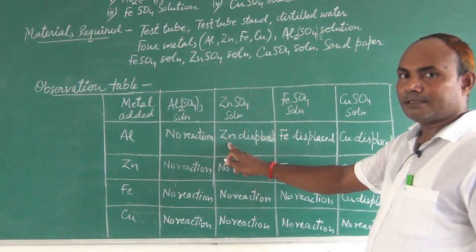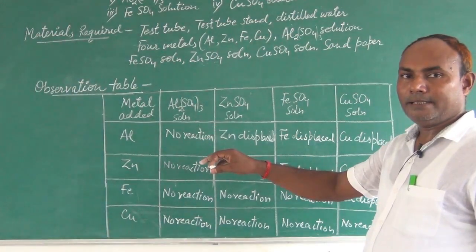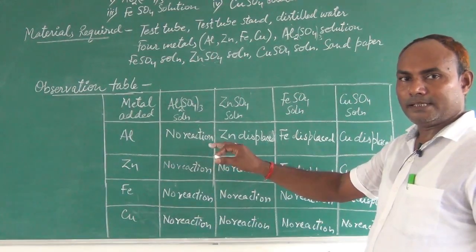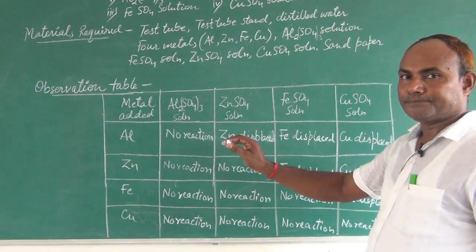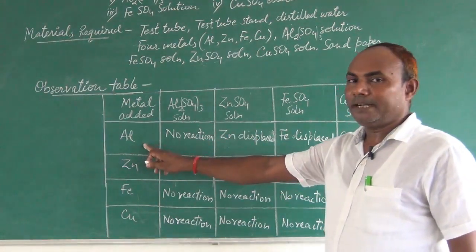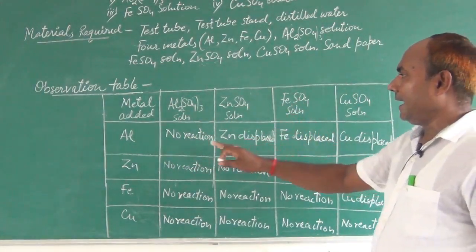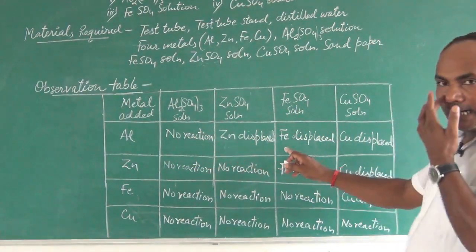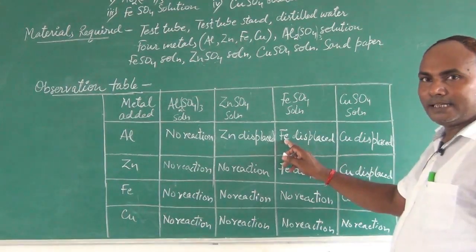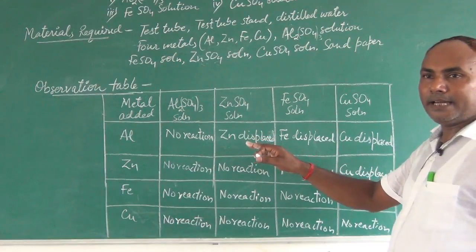It means aluminum metal is more reactive than zinc metal. Is it clear? Okay. With iron sulfate, similarly, aluminum displaces iron from its salt solution. It means aluminum is more reactive than iron.